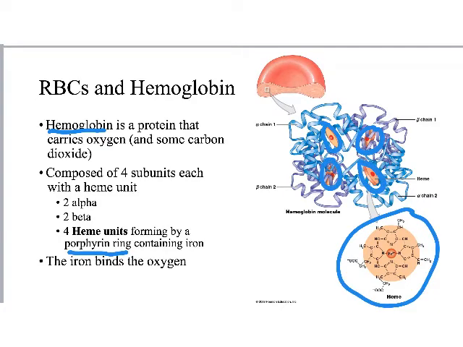So that porphyrin ring that sits in each subunit has an iron molecule at the center. And iron is typically positively charged, meaning it freely gives up its electrons to neighboring atoms. And so in nature, when you find iron, it typically is iron with a 2+ charge. So it's a positively charged ion.